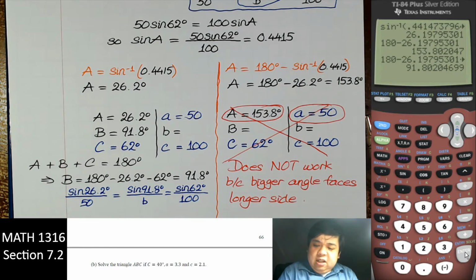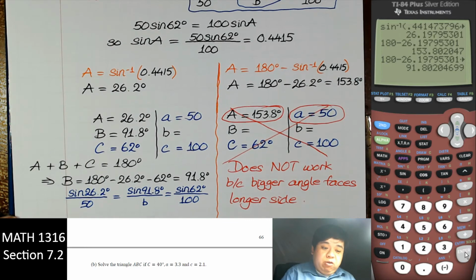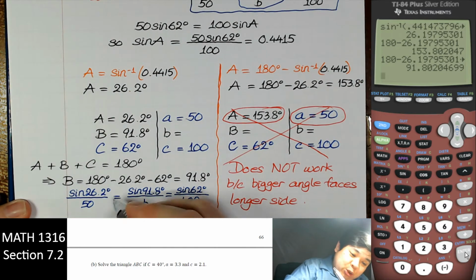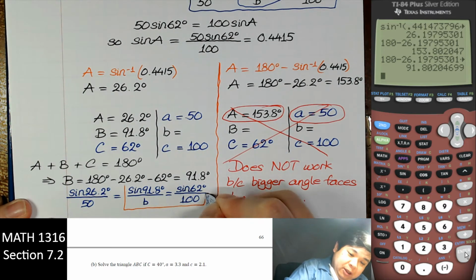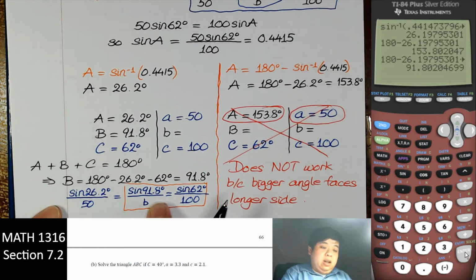Right, it's fair enough. We just take the ratio and the ratio will work. And between this and this, I would prefer to use the last two ratios. I prefer to use this one instead of the first two to find B.